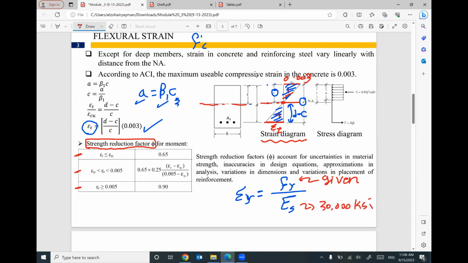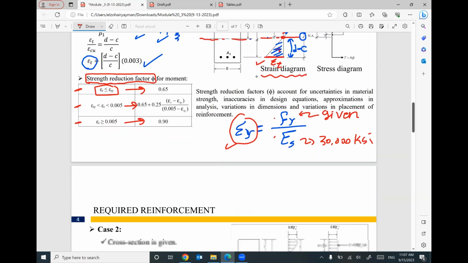If you divide this number by this number, you get the value of epsilon yield. I will do a comparison between epsilon t from the triangle similarity and epsilon yield from this expression to find yourself in this case, or this case, or this case. Does that make sense?